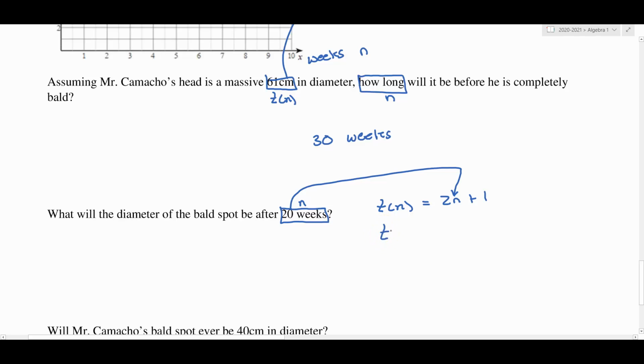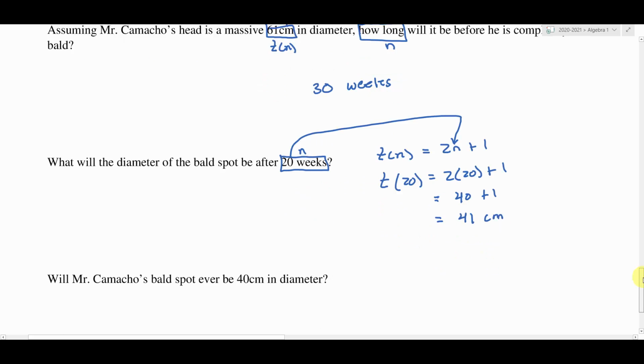So t of 20 equals 2 times 20 plus 1. They want to know how big the bald spot's going to be in 20 weeks. 2 times 20 is 40, plus 1 is 41 centimeters. So his bald spot's going to be 41 centimeters in 20 weeks.